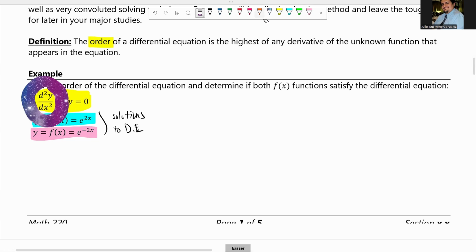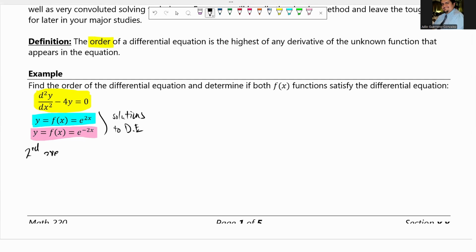That means this is a second order differential equation. I'm saying that these two functions, the blue one and the pink one, are solutions to our second order differential equation. Now I have to show you how to prove that these are solutions.